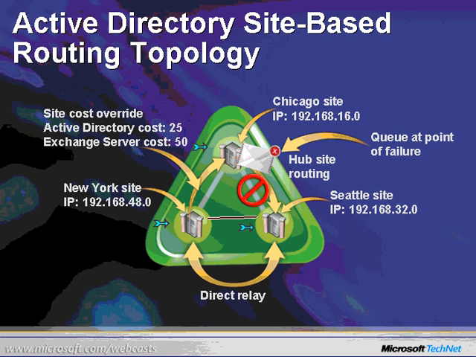Also notice that in AD I do define a cost to that IP site link, and Exchange will by default use that. However, if I would like to have an Exchange cost that's different than the AD site cost, I can assign that.